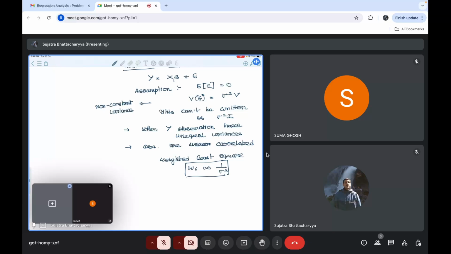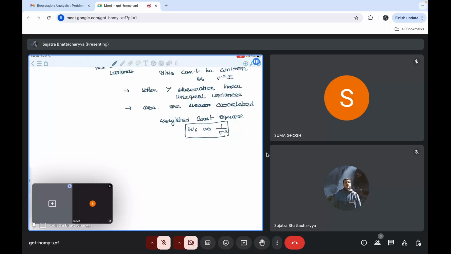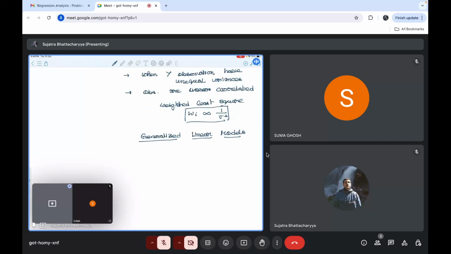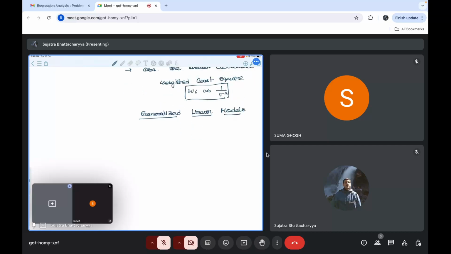But what we are going to do today is the generalized linear model. This is what we are going to do in this particular lecture. So when are these generalized linear models required? Let me write the conditions.